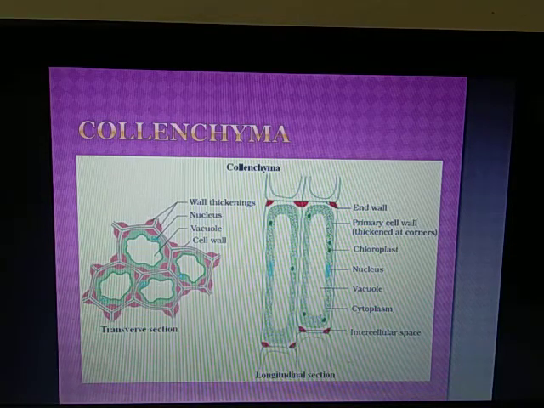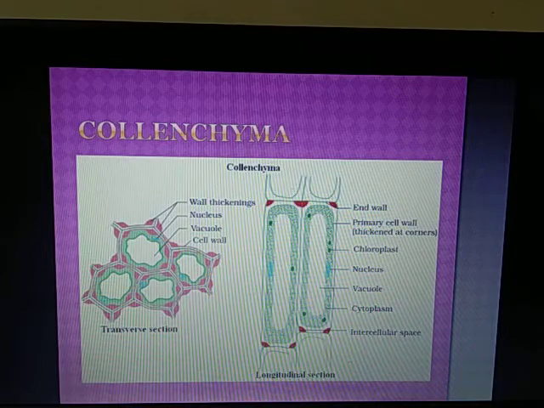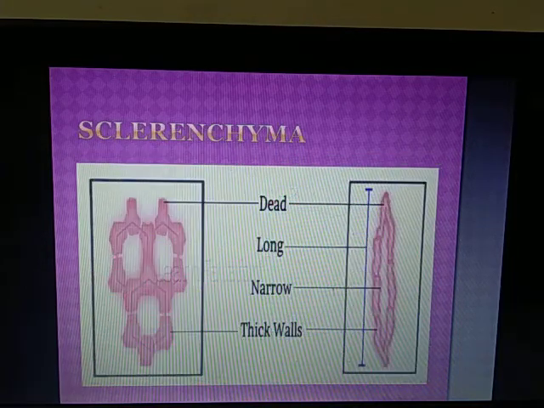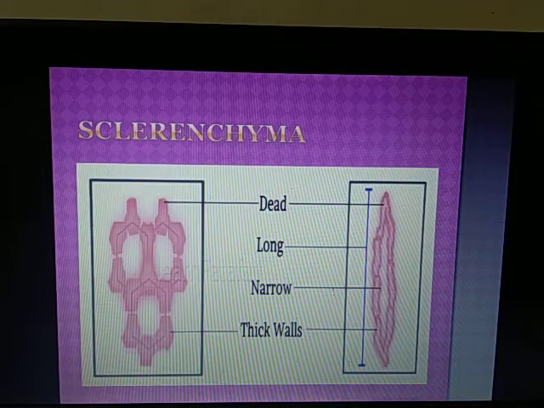After collenchyma we have another tissue, the sclerenchyma. Sclerenchyma has dead cells, and they do not have protoplasm. They are long, narrow and thick, with lignified cells.